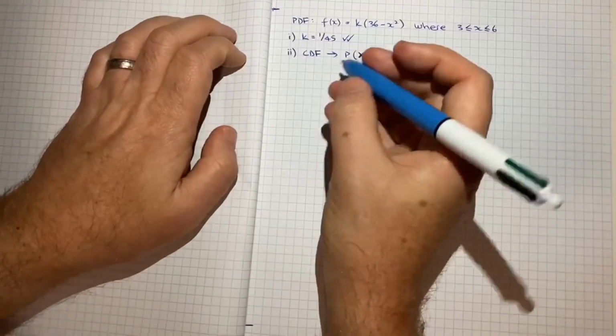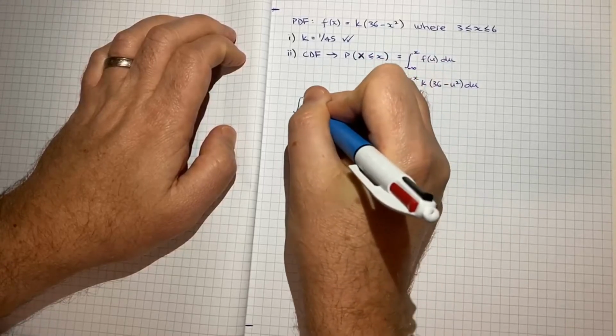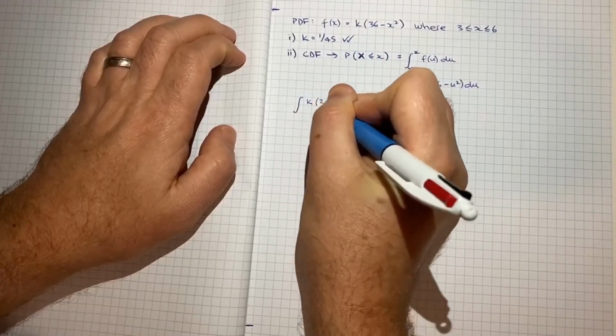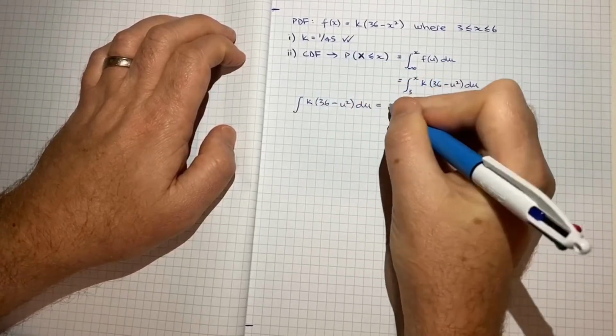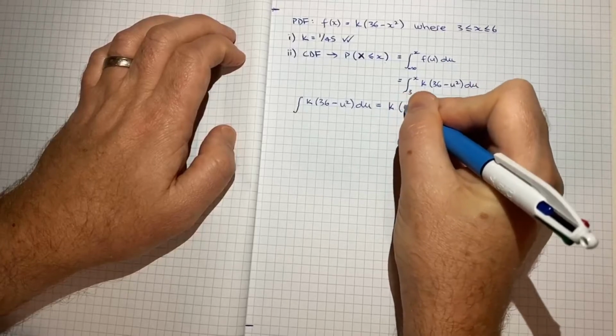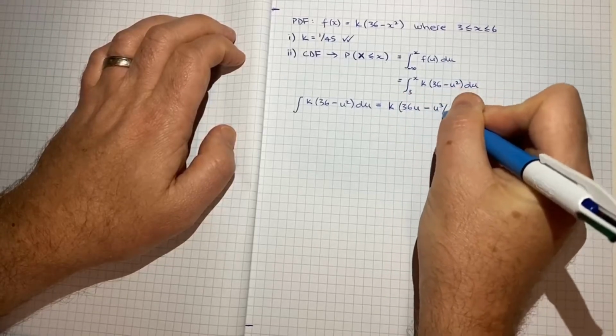Alright, so what I'll do is get the general integral of our function. The general integral of k(36 minus u squared) du is equal to k(36u minus u cubed on 3).